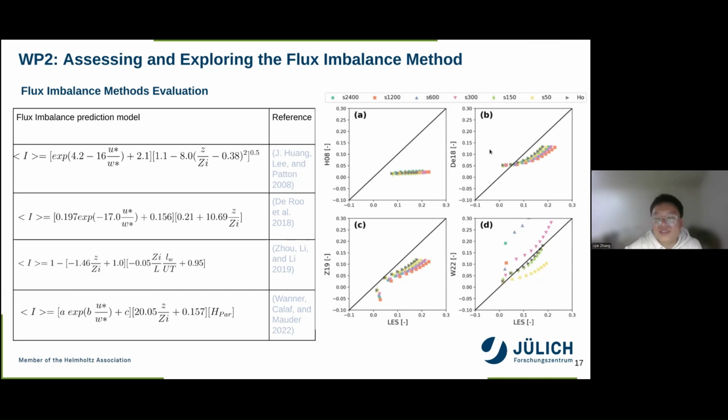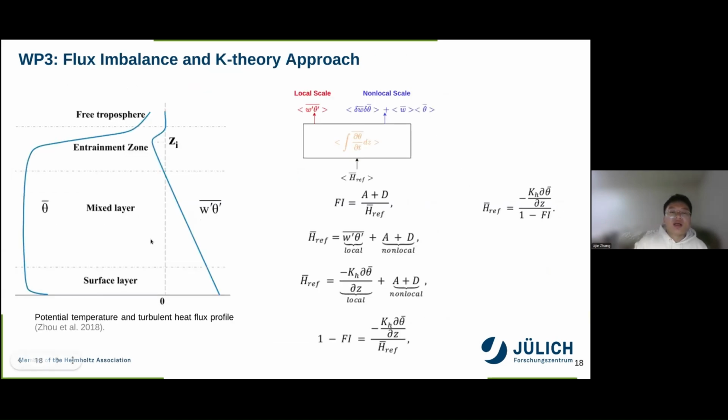So this result is very promising that we can use those models to represent the flux imbalances. So now let's jump into the third work package, which is inspired by the result of the second work package.